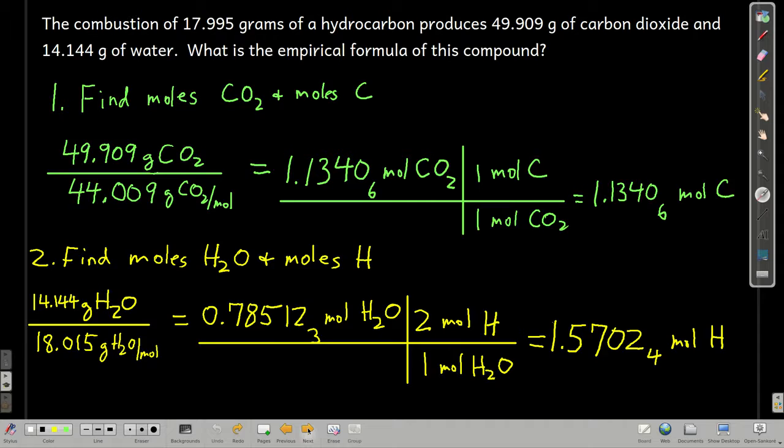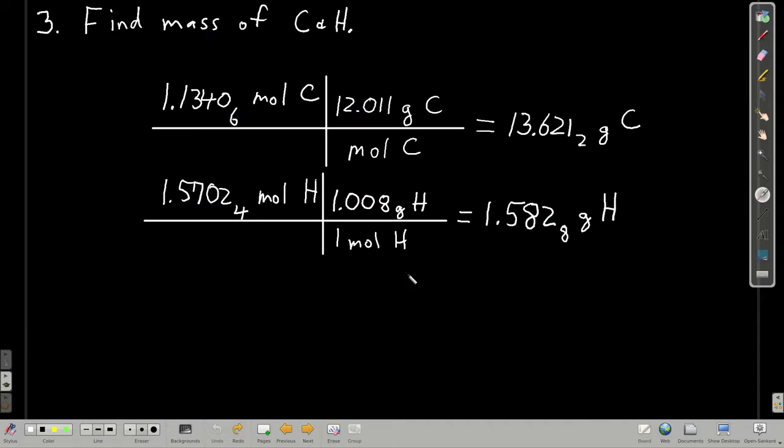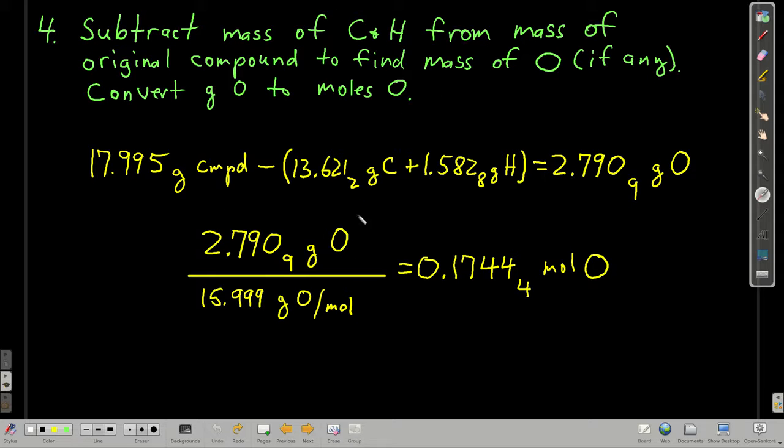Now we have to deal with oxygen. What we do is use the law of conservation of mass. We know that the mass of the original compound must equal the mass of carbon plus hydrogen plus oxygen. So we first convert the moles of carbon and hydrogen back to grams, giving us this many grams of carbon and this many grams of hydrogen, and then we subtract them from the mass of the original sample.